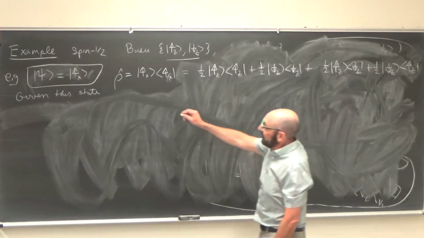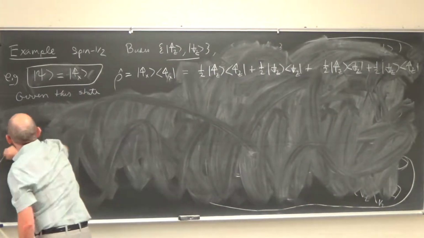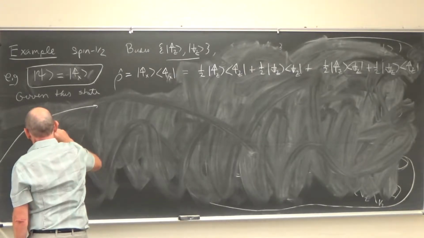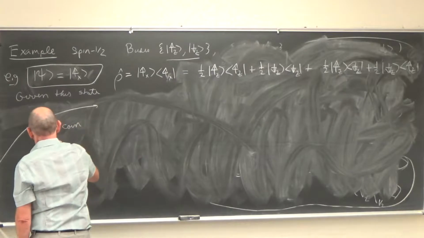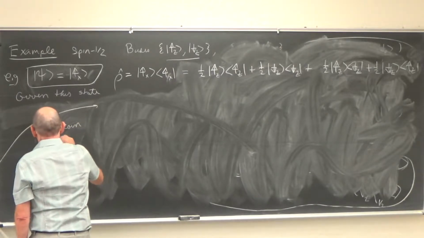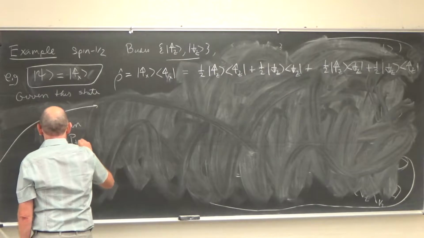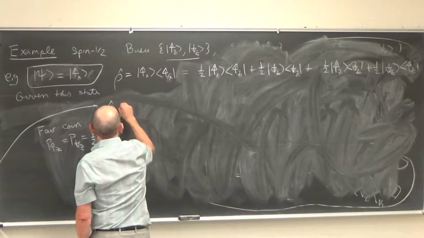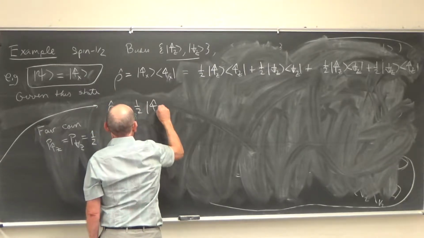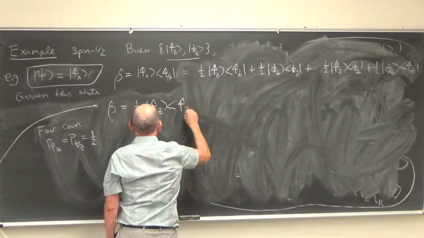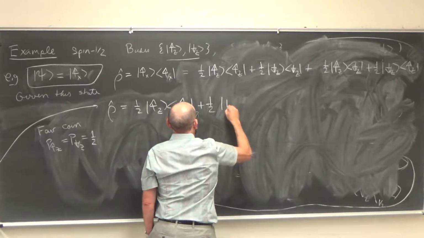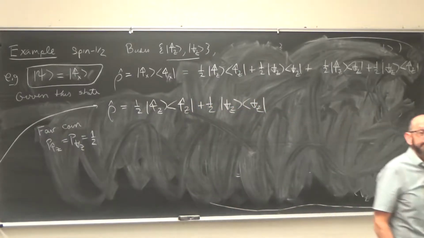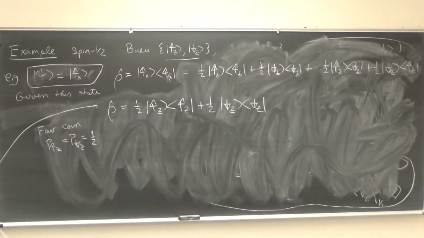However, this is for this state, but for this state, let's suppose that it was a fair coin. So let's say that the probability of heads is equal to the probability of tails is equal to a half. Then this state is this, right? And what distinguishes those two states?